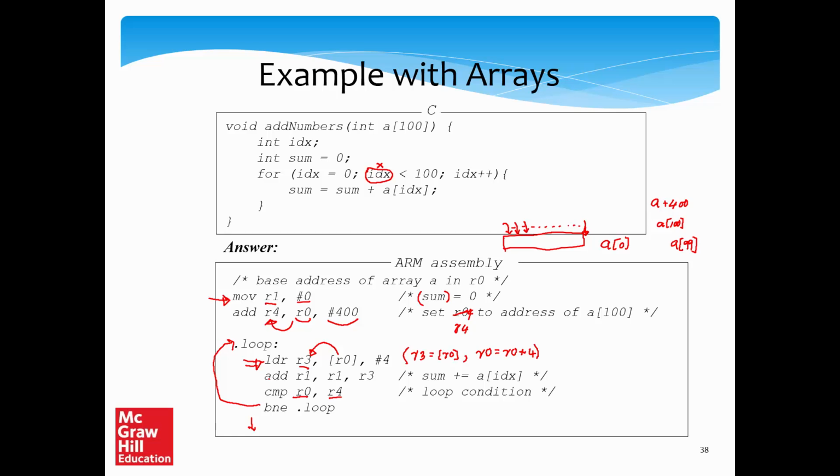But if we come here, we see that each iteration of the loop actually has 4 instructions. So we'll have a total of 400 dynamic instructions, which is a healthy savings of 20%. Right? So we are able to reduce our number of instructions by a fifth by using this post-indexed addressing mode.